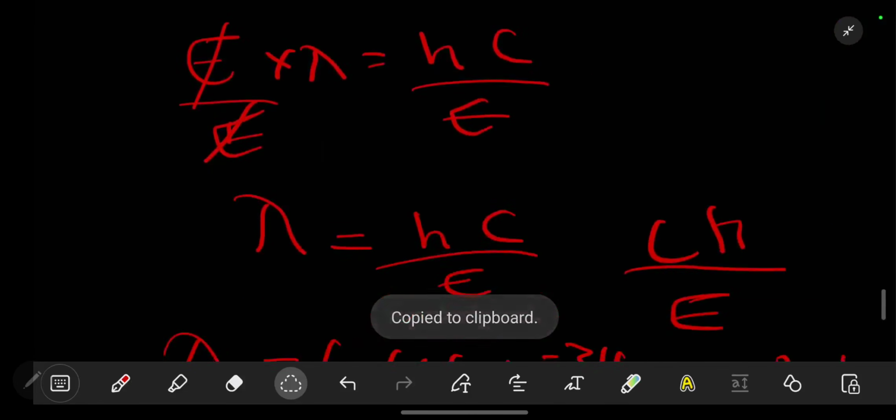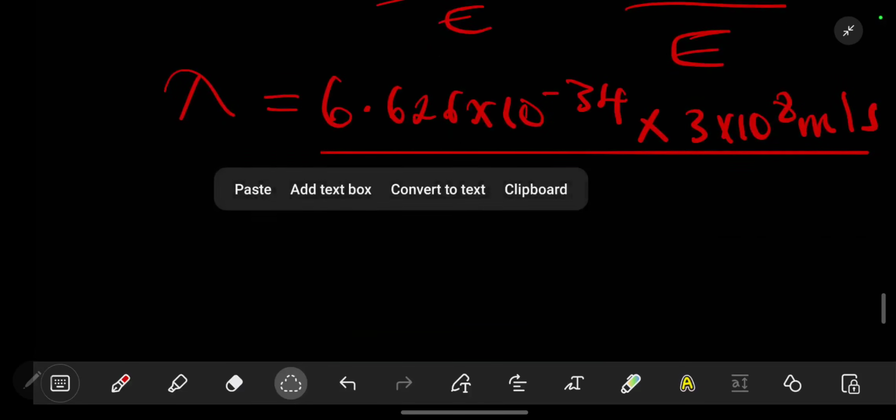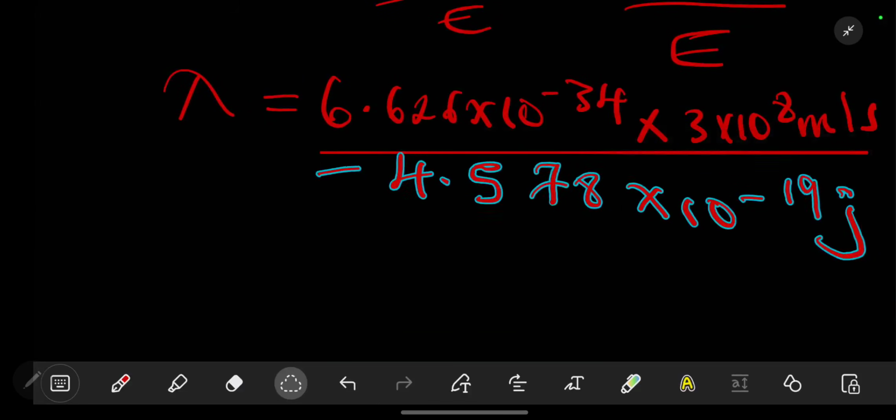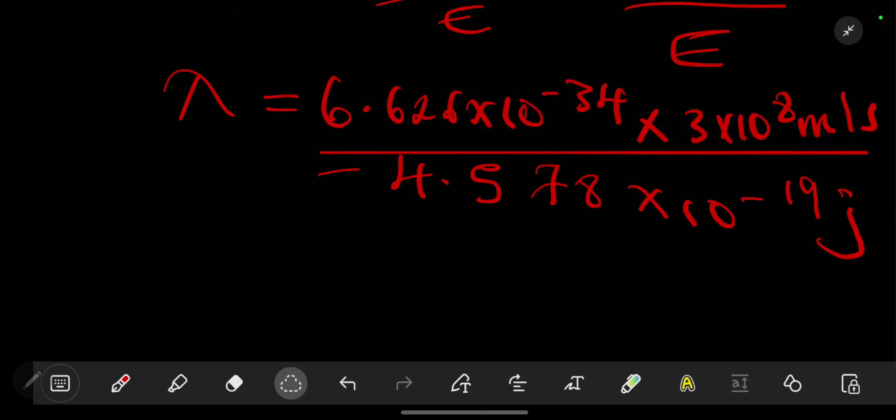You just need to be very careful with how you handle the calculation. We are going to put it there, but omit the negative, because wavelength cannot be negative. So we have our 6.626 times 10 to the power negative 34. Then we multiply times 3 times 10 to the power 8.